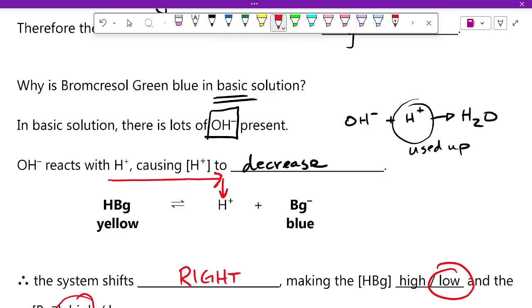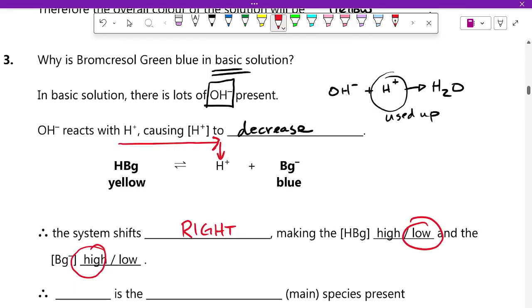And that means, what color are we going to see? We're going to see blue. So therefore, BG minus is the, what's the word that means main? Predominant.